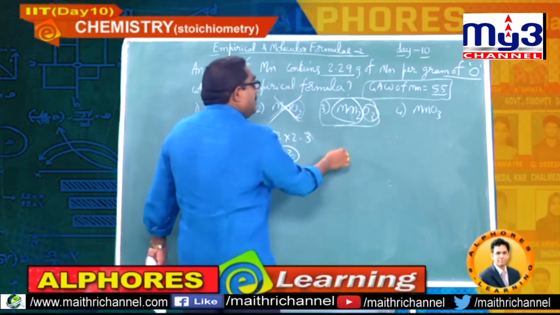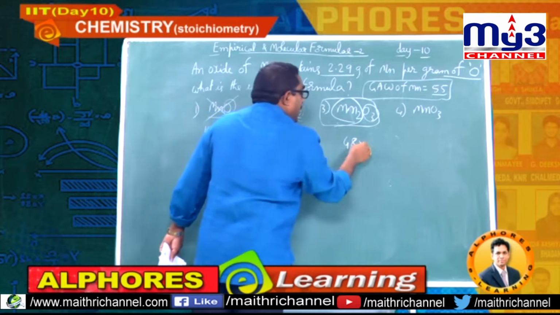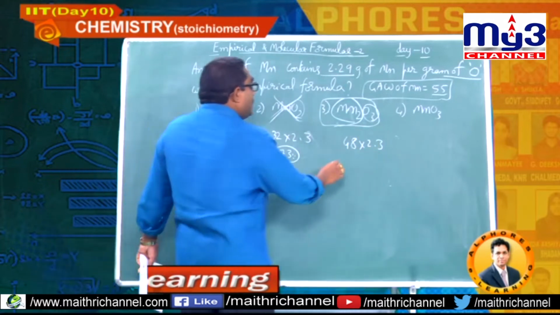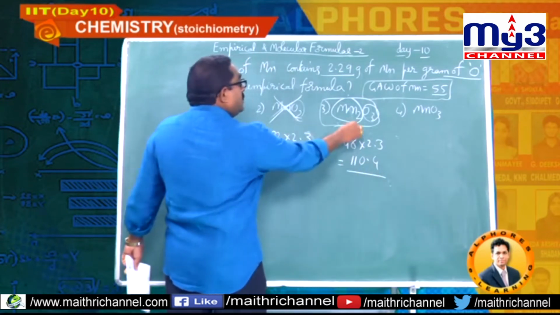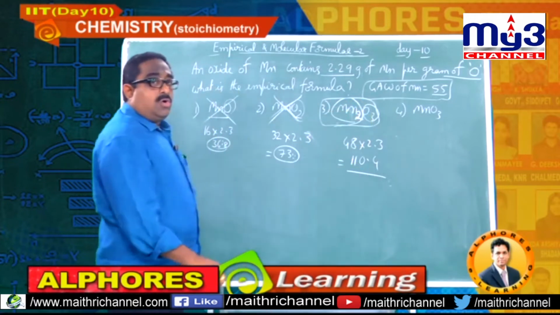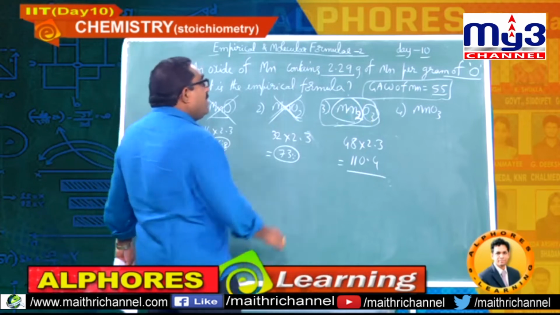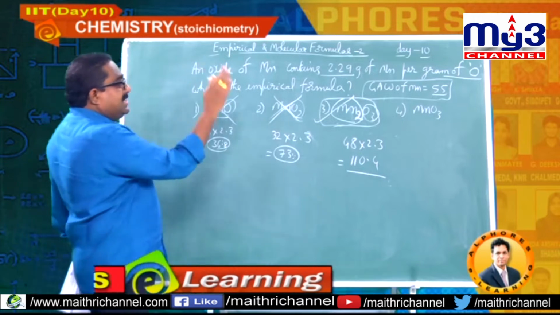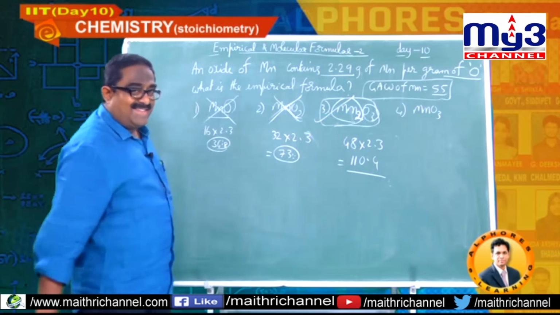Here 3 oxygen atoms are there, 48. Then the mass of manganese I am calculating, 48 into 2.3. So here you will get exactly 110.4. So Mn2 here, 2 into 55, 110 you will get. So you can fix this as the answer. That condition is matched with this empirical formula. So this is the final answer, students.